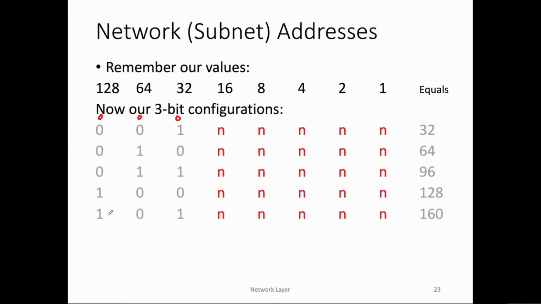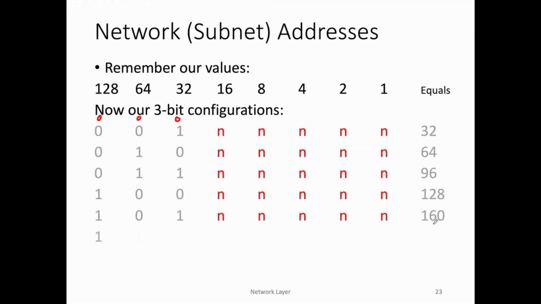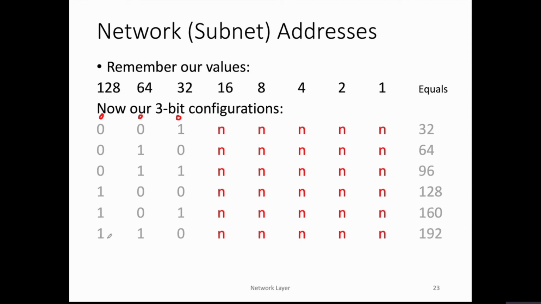Yes, this is combination 101. Which 2 bits are on? Bit number 32 and bit number 128, and the value is 160. And I'll again add 32 to it. The combination 110: which bits are on? The bit representing 64 and the bit having the value 128. So 128 plus 64 is 192, right?